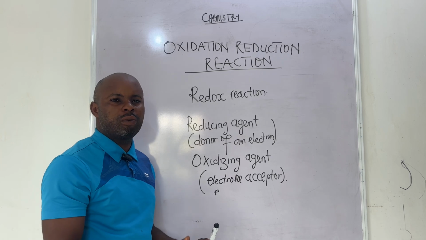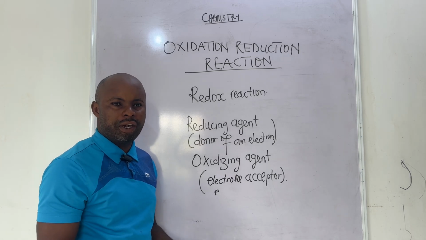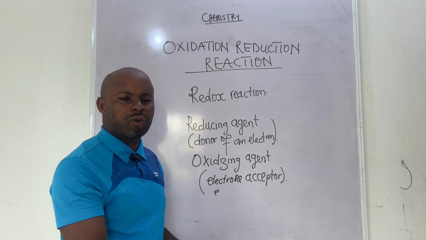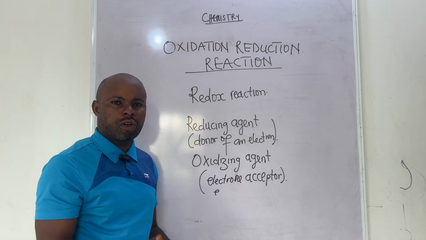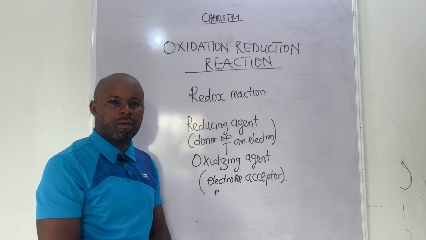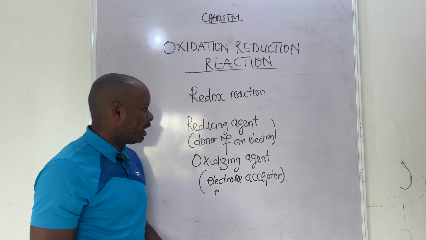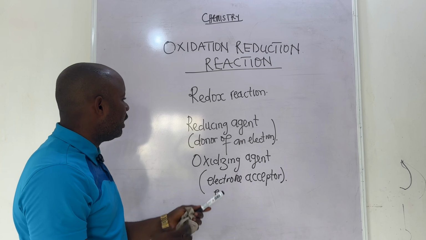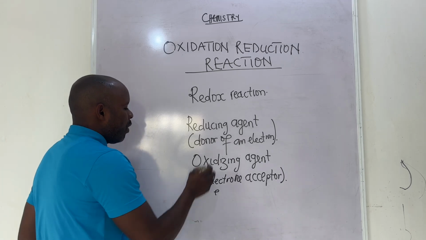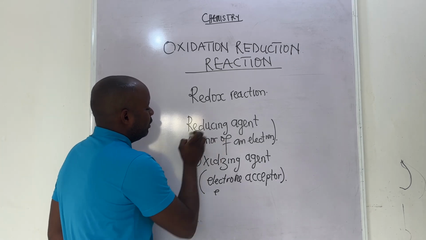For example, like group 1 and group 7 elements, sodium and chlorine: sodium donates 1 electron to chlorine to achieve a state known as octet structure, like I've explained in the combination of compounds. Having known this, we are going to dive into more points in this lesson.